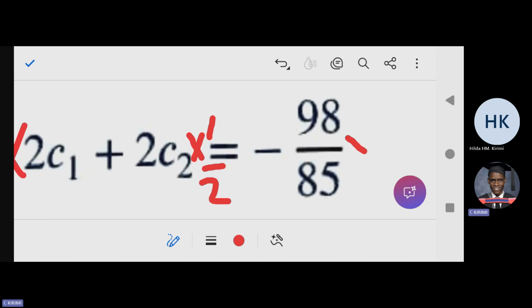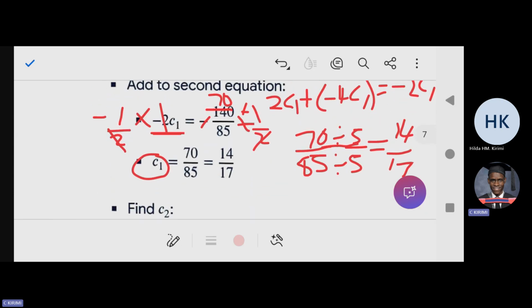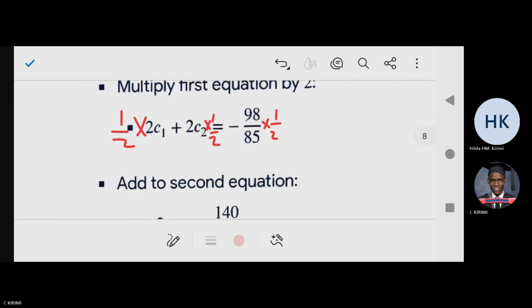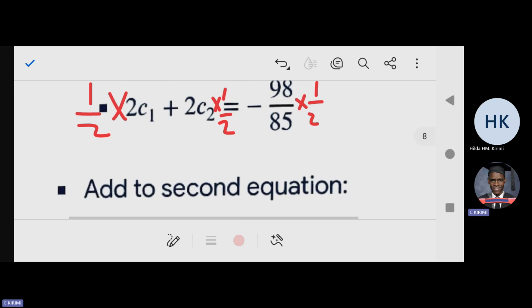You multiply this one again times 1 over what? Already we know we have a value for C1. So now we want to calculate what? C2, isn't it? Yeah. So which means you just come, you say, we are left with C2 on the left.